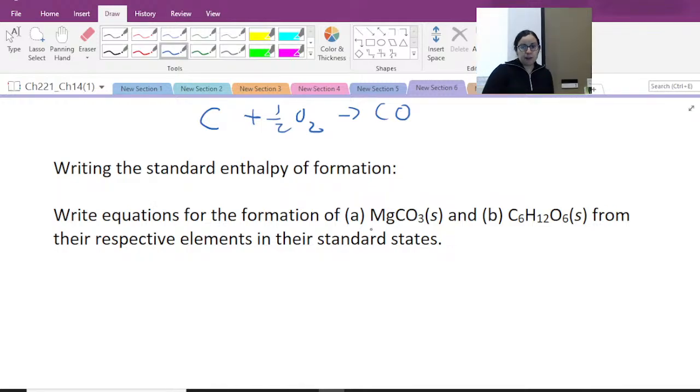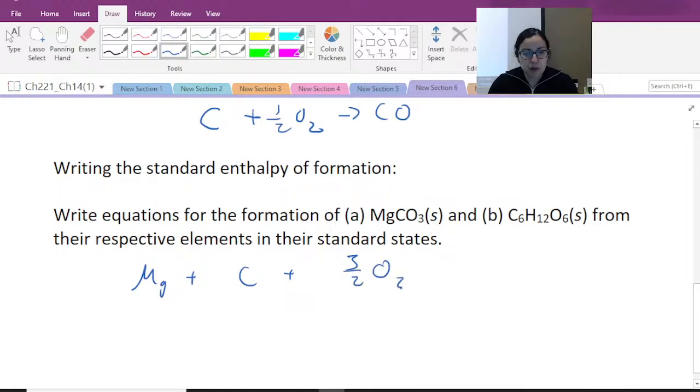And so what do we get for magnesium carbonate? Magnesium plus carbon plus 1/2 O2. Or 1.5. I just wrote it, it's 3/2. So magnesium plus carbon plus 1.5 oxygen gives us magnesium carbonate. Fractions on the coefficients are basically okay.